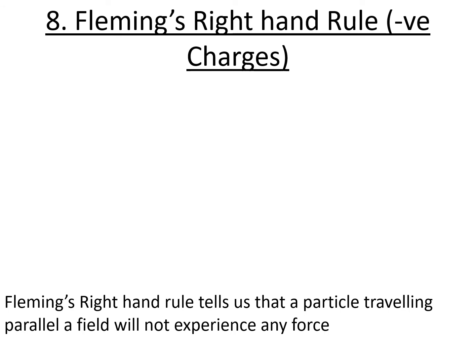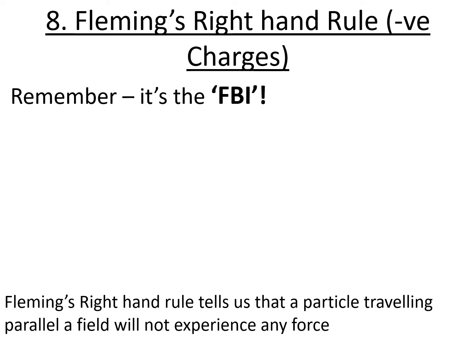Moving on, I've made a wee video about how to use Fleming's right hand rule, and I've put that on the YouTube channel. The key thing is it's FBI: force, magnetic field and current. There are a few other rules about using Fleming's right hand rule. The first one is you have to use your right hand if you're talking about a negative charge. If we've got a positive charge, you've got two options.